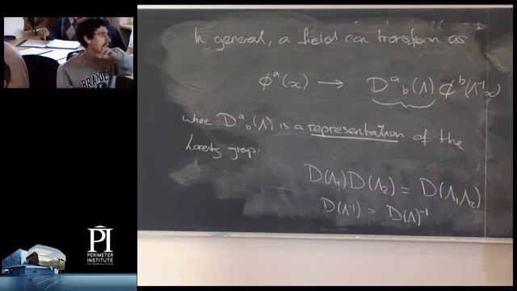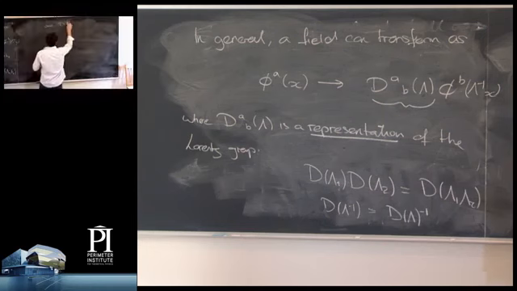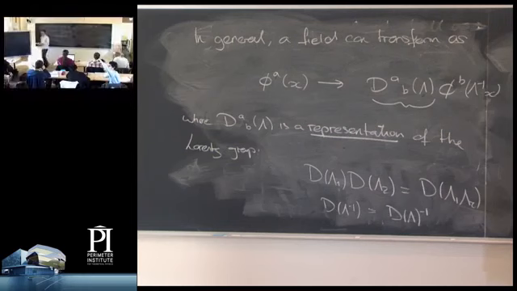So what happens, I believe, is that you could need a projective representation of the Lorentz group, but there's some way in which SL2C is a double covering of the Lorentz group, and any projective representation of the Lorentz group comes from an ordinary representation of SL2C. So what you're actually doing is finding ordinary representations of SL2C.